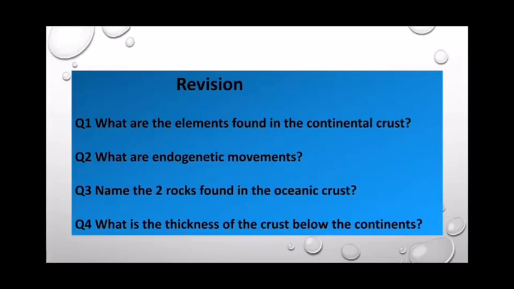Basalt and gabbro are the two rocks found in the oceanic crust. What is the thickness of the crust below the continents? The thickness of the crust below the continent is from 16 to 45 kilometers.